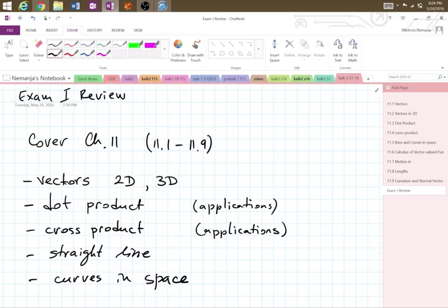So curves in space are parametrized, and that's going to be our r of t, f of t, g of t, h of t.